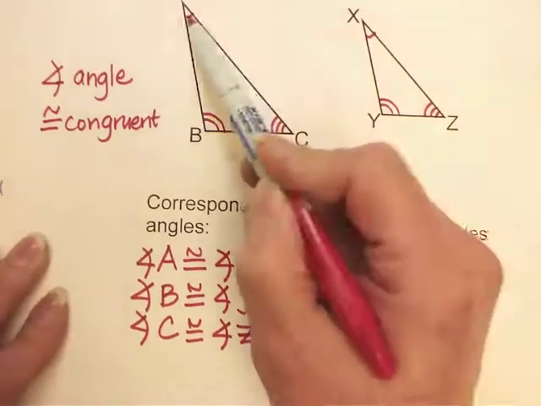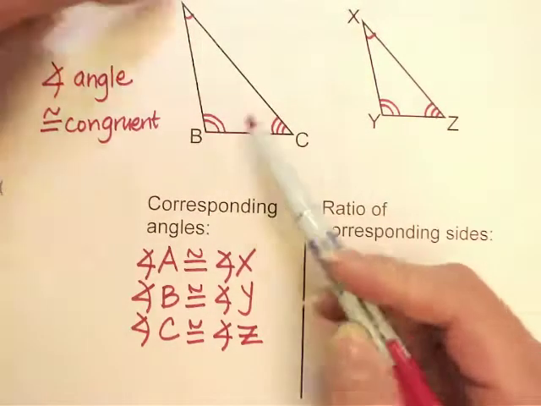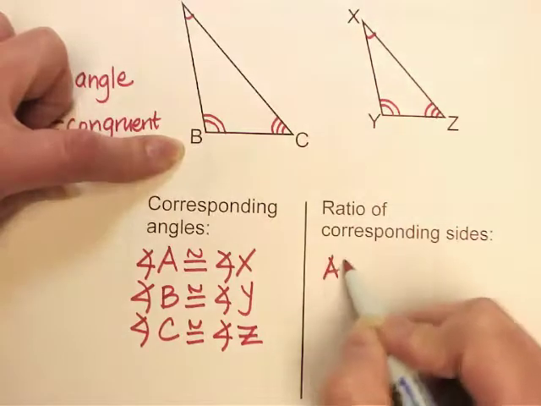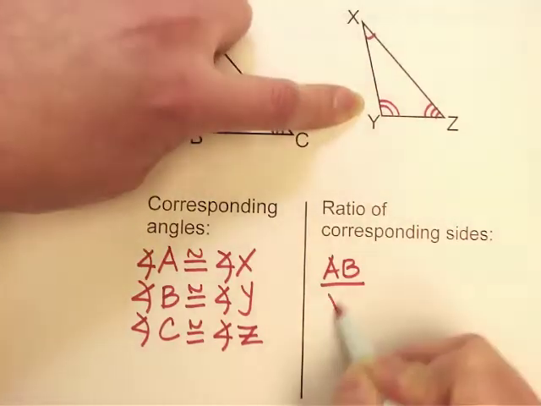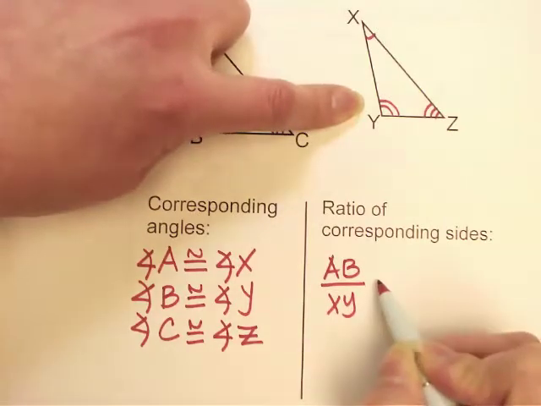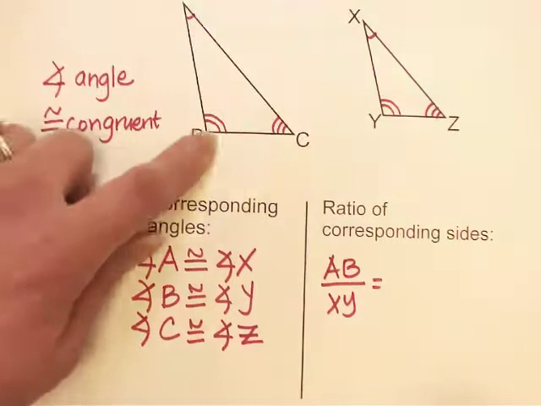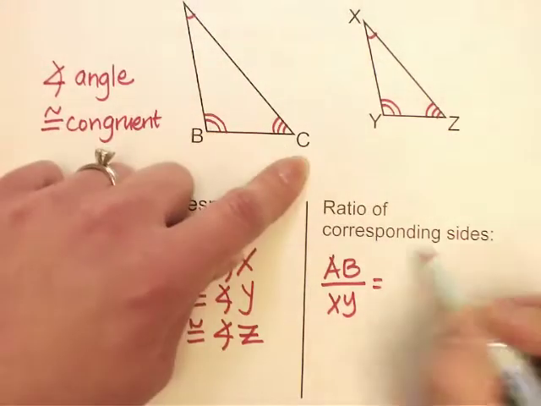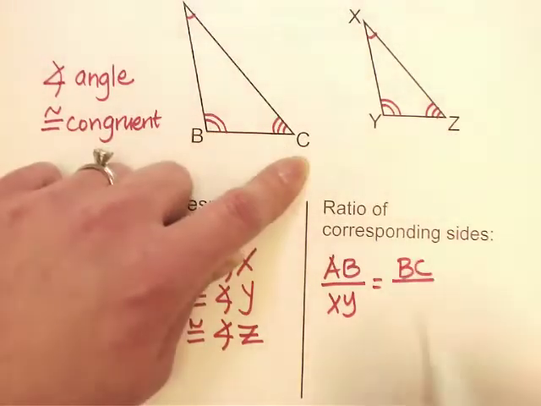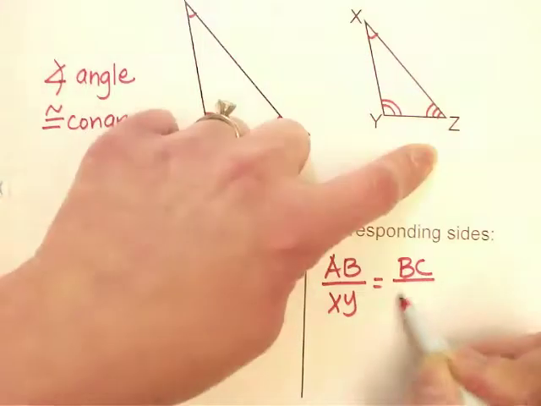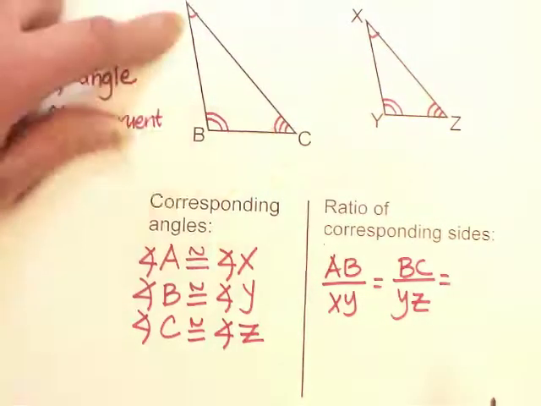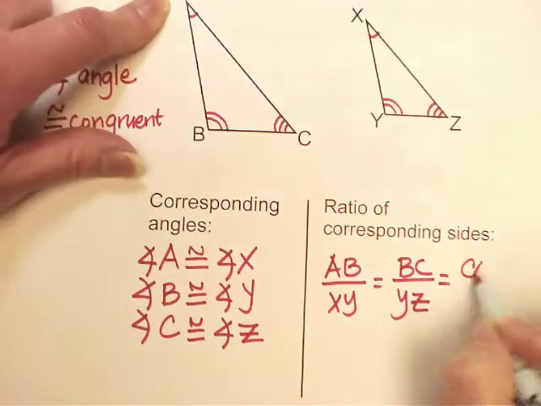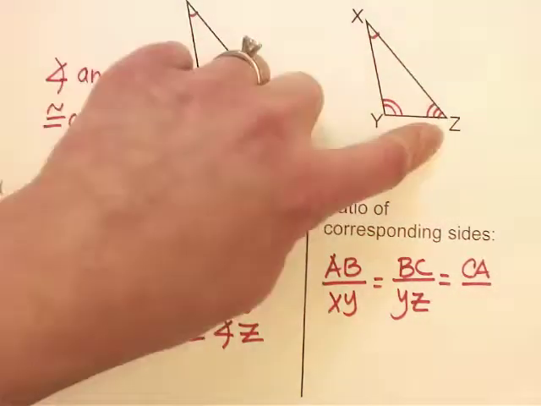So from 1 mark to 2 marks, we have A to B. So A to B matches to 1 to 2 marks, X to Y. And this is proportional, which means that the ratio is equal to 2 to 3 marks, B to C in the same triangle. We're starting with the same triangle. Y to Z. And then finally, we're going all the way around, 3 to 1 mark, C to A. And C to A would match with Z to X.